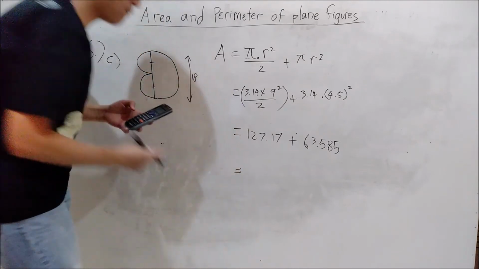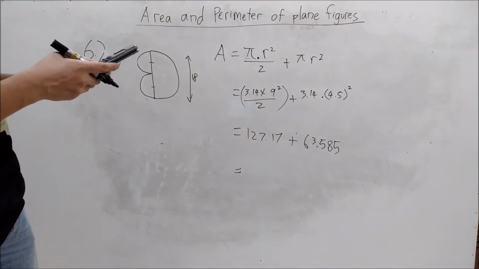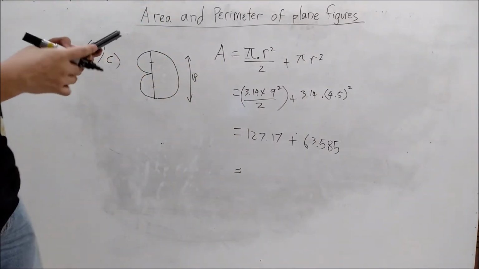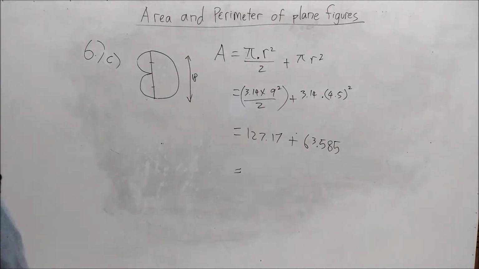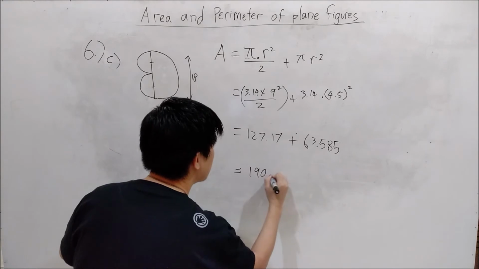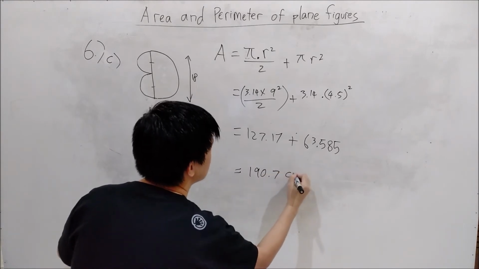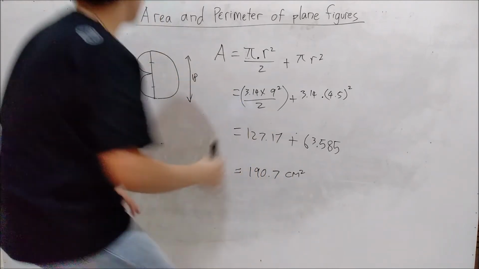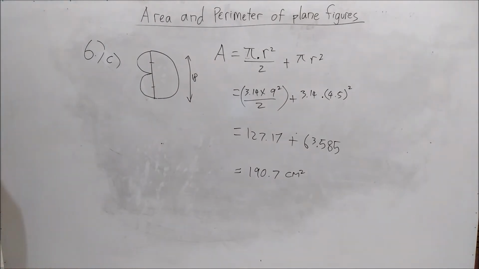And then when you add up these two numbers, you will have 190.7 centimeters squared. That will be the area for the third figure on number 6.